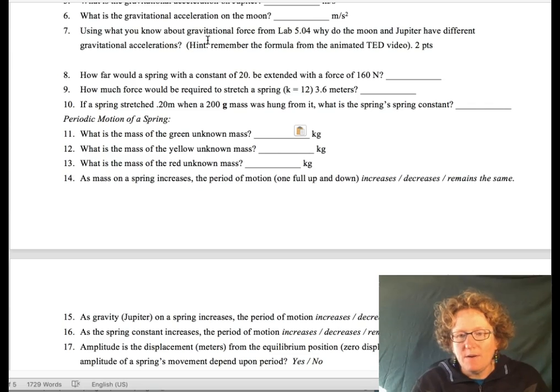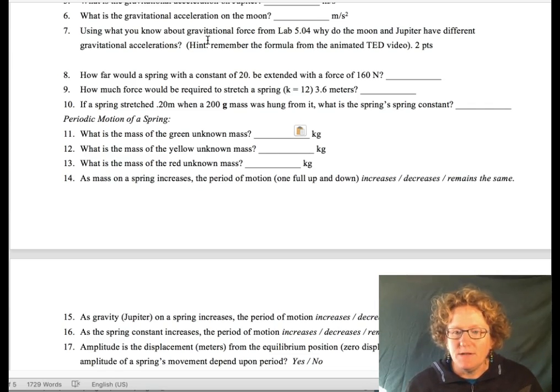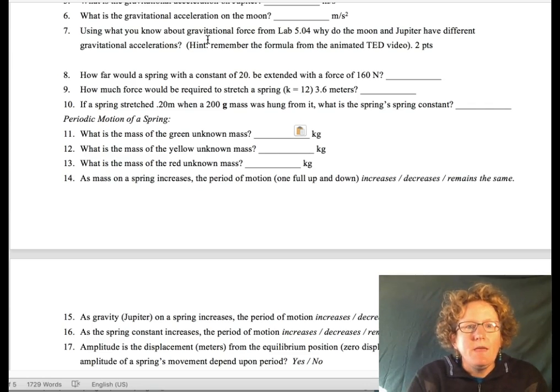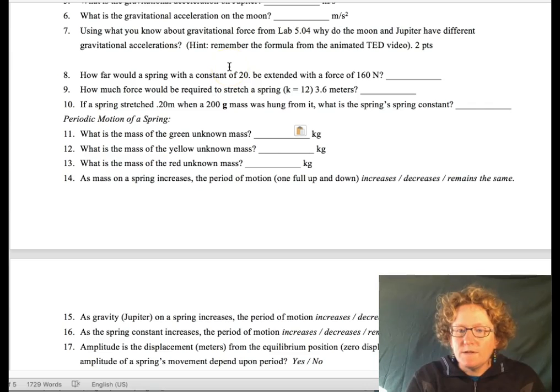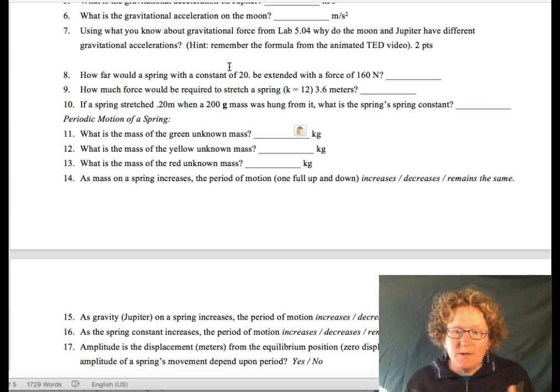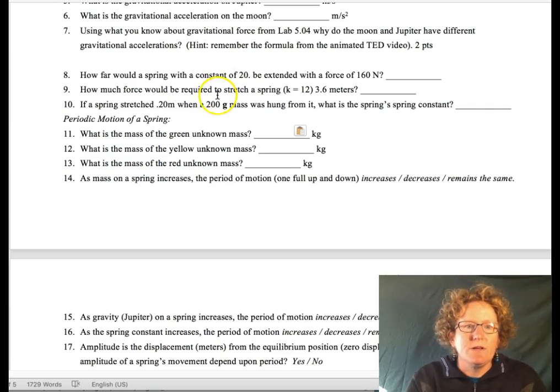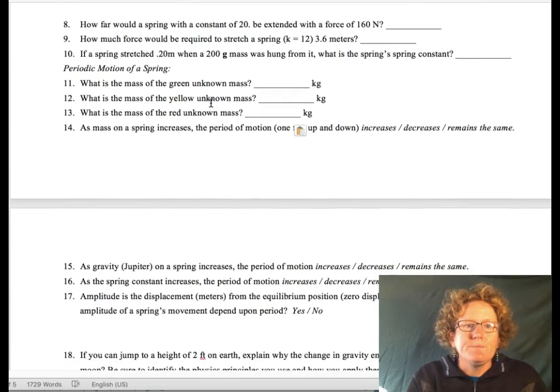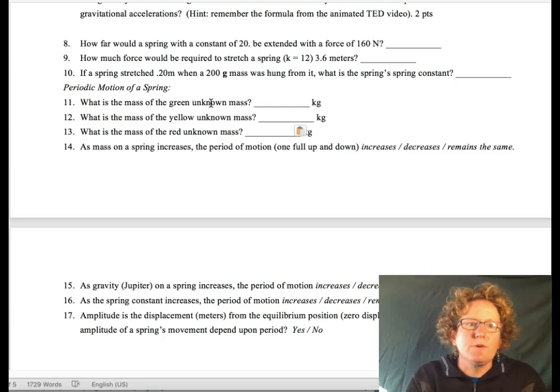What do you know about the universal gravitation constant, and what variables factor into that formula? Remember, m1 times m2 divided by r squared. What's going to be different between Jupiter and the Earth in terms of that universal gravitational formula?